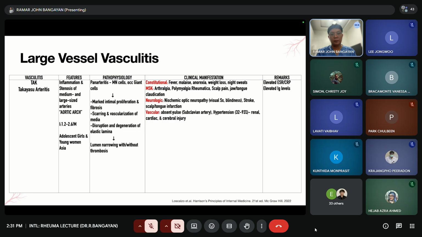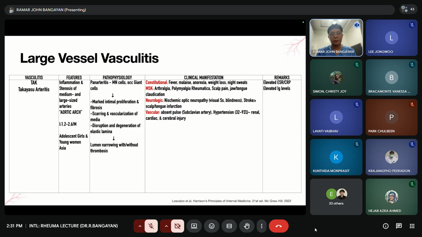What else? Absent pulse, especially your subclavian artery because this is the most commonly affected vessel in Takayasu. But not necessarily just the subclavian. If you have stenosis, sometimes there will be a discrepancy of your blood pressure. So the blood pressure on your right upper extremity is higher and on your left is lower.